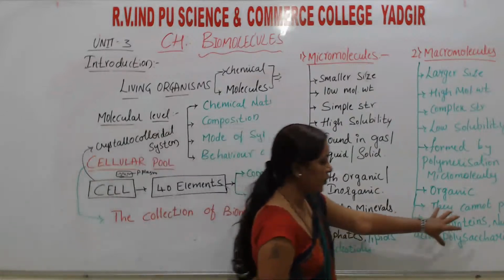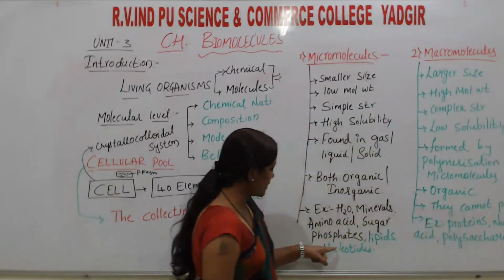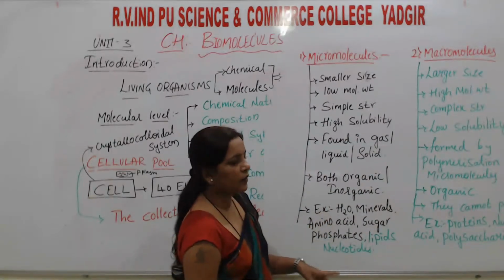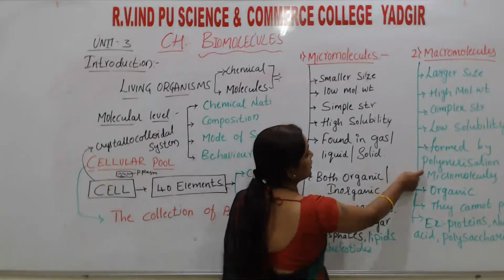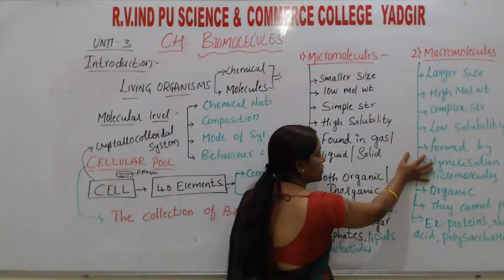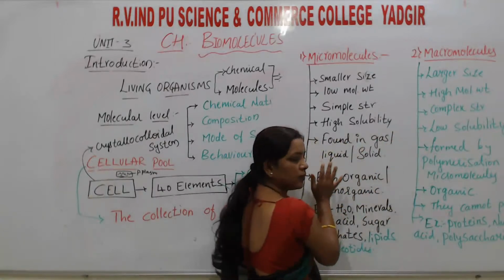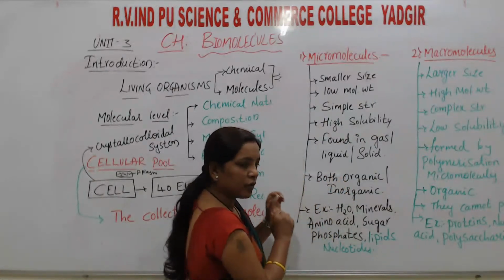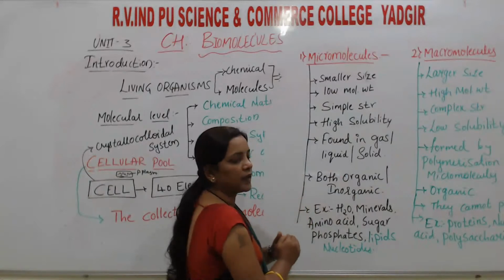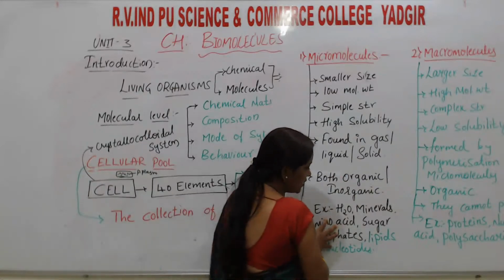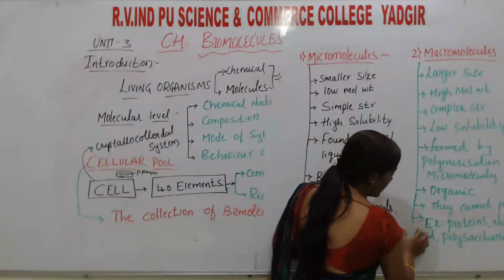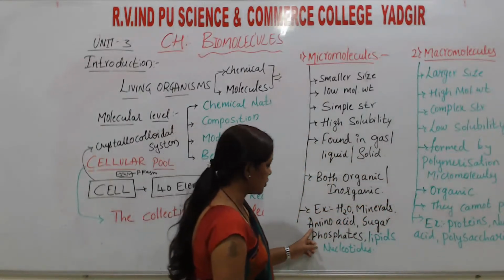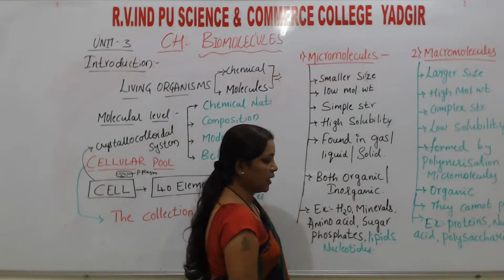Obviously these are formed by the condensation of amino acids, nucleotides, and sugars. As already mentioned, macromolecules are formed only from micromolecules. These micromolecules undergo condensation and polymerization, and proteins, nucleic acids and polysaccharides are formed.